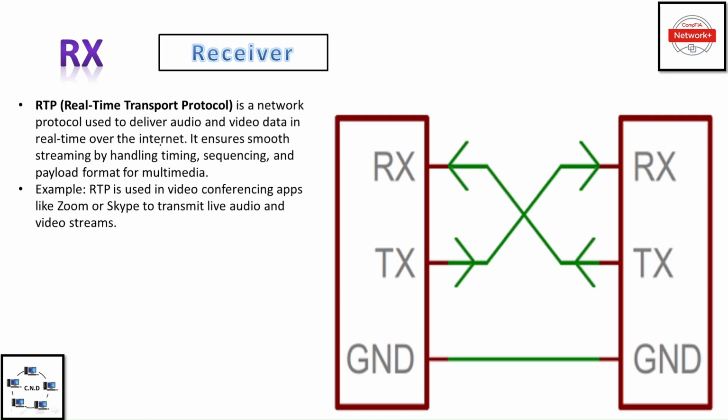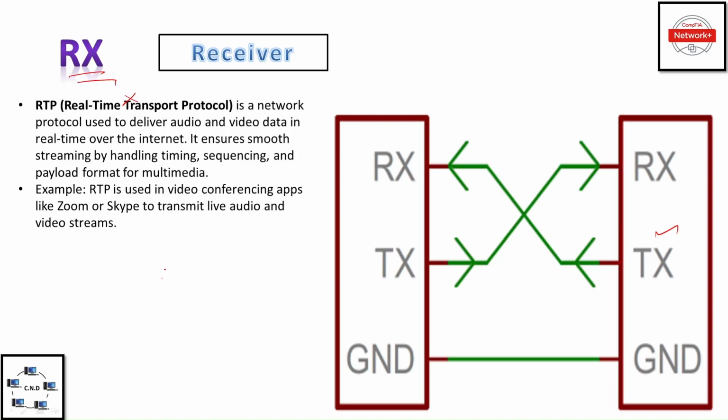RX, that is receiver. So this explanation is for the RX, not RTP. RX simply stands for receiver, as we can see in this diagram. If you have two systems, then the RX of the first system will be connected to the TX, that is the transmitter, of the opposite system, so that when the system on one side transmits, it is received by the RX, or receiver, of the second system.